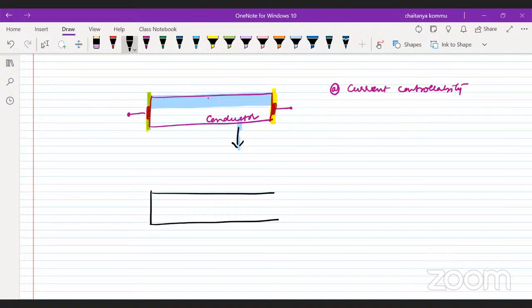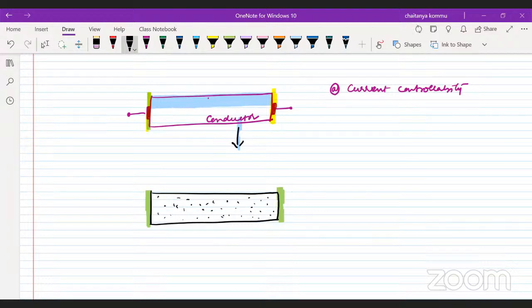Our requirement is that we have to provide the potential difference here. For the transportation of the carriers, bulk transportation is also possible. That means in all directions, carriers can move from one end to another if you provide the potential difference between them. Agreed?